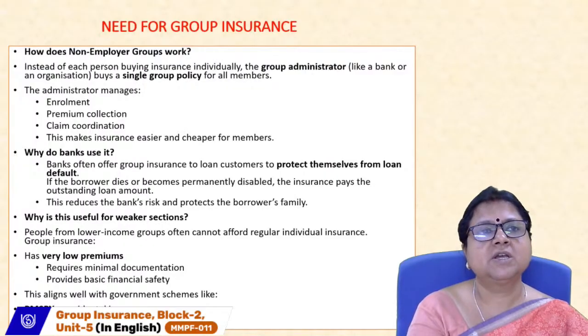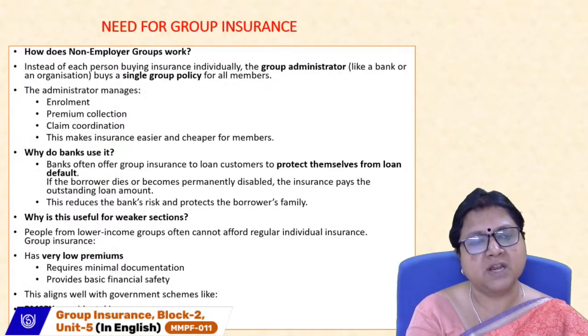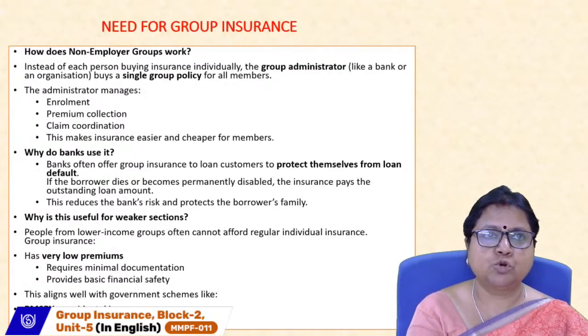Like, supposing members of a self-help group have borrowed some amount. Suppose there are 10 members in the self-help group. They have borrowed money from the bank, so now they have to repay the principal amount along with the interest to the bank.